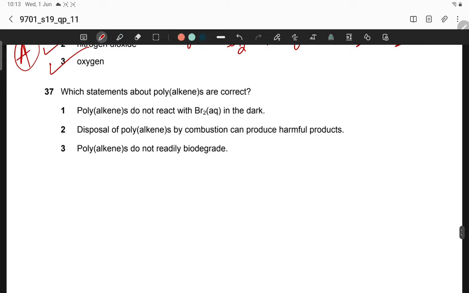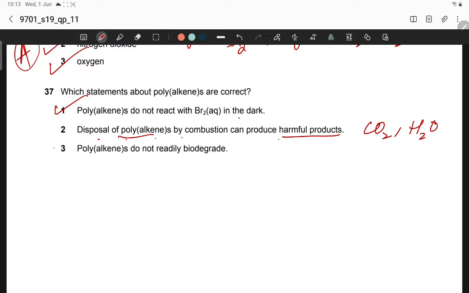Which statements about polyalkenes are correct? Polyalkenes do not react with bromine in the dark. Yes, it is correct. Disposal of polyalkenes by combustion can produce harmful products. Yes, polyalkenes produce carbon dioxide and water, which are harmful.